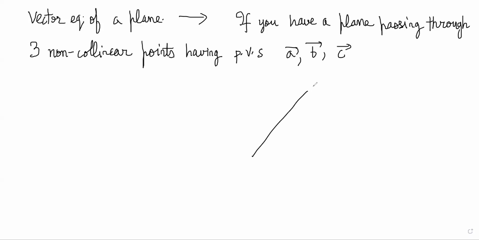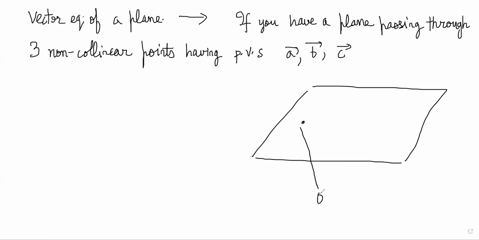So there are 3 points non-collinear having position vectors A, B, and C. Let's say this is my origin. So this is my A vector. This is my B point. This is my C point. This becomes my B vector, and this becomes my C vector, right?